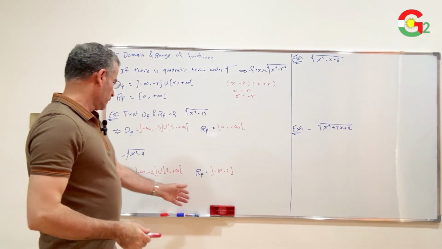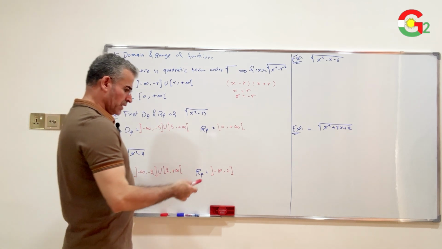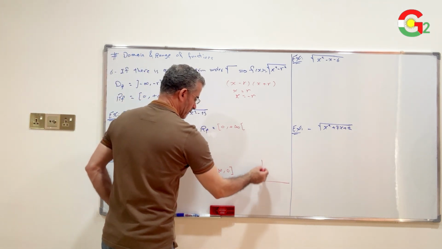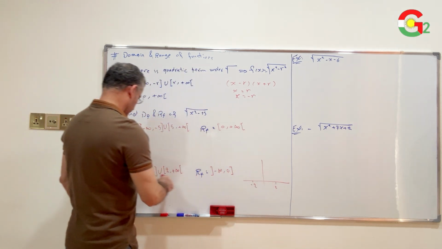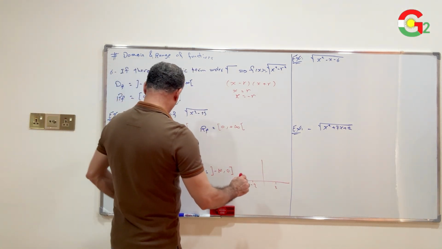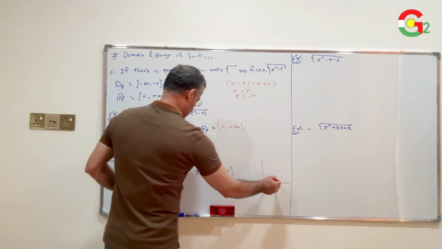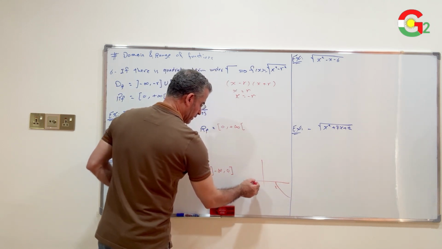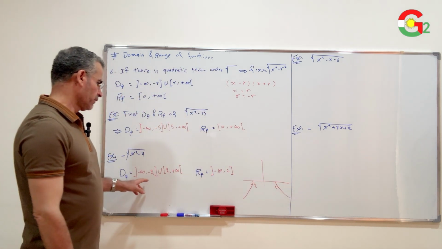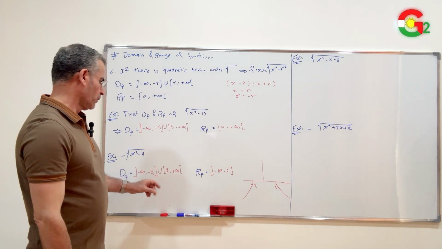The graph of this function is, this is 2, this is negative 2. The domain is from 2 to infinity, and from negative infinity to negative 2.